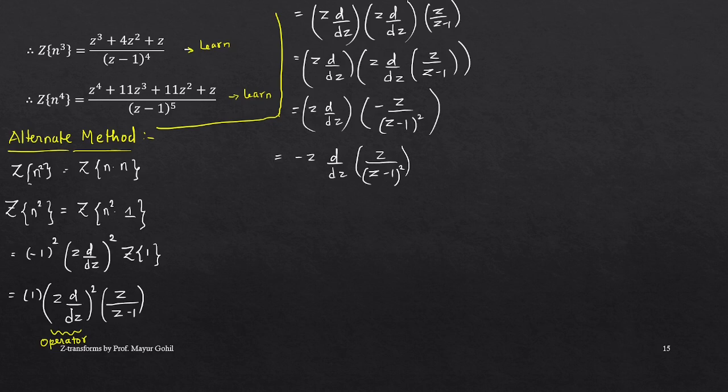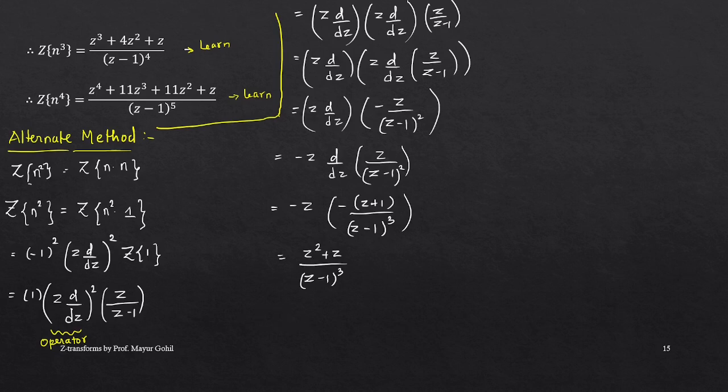So again when you operate this whole thing, you will get your answer to be minus of z times minus of z plus 1 divided by z minus 1 the whole cube, and on simplification you will get z square plus z over z minus 1 the whole cube. This is what you would get. This is when you solve operator by operator.